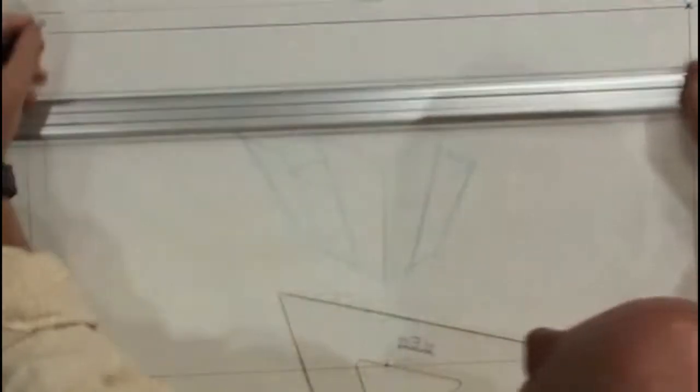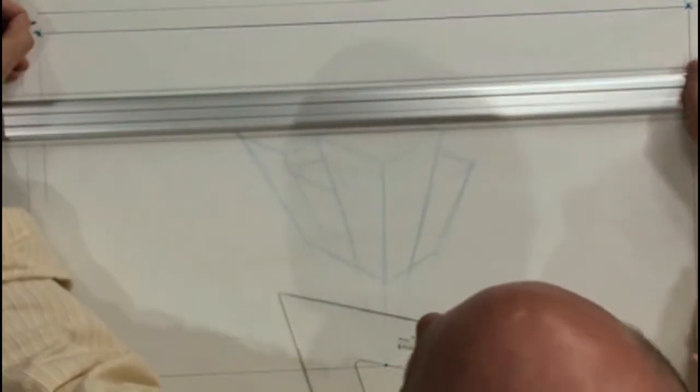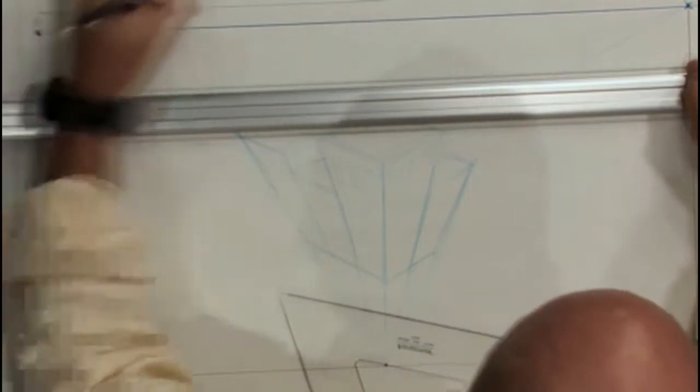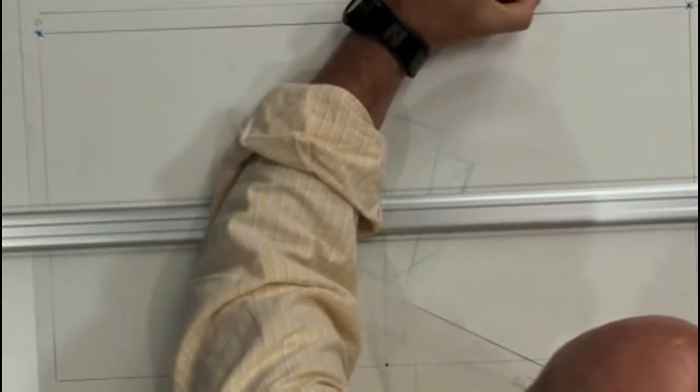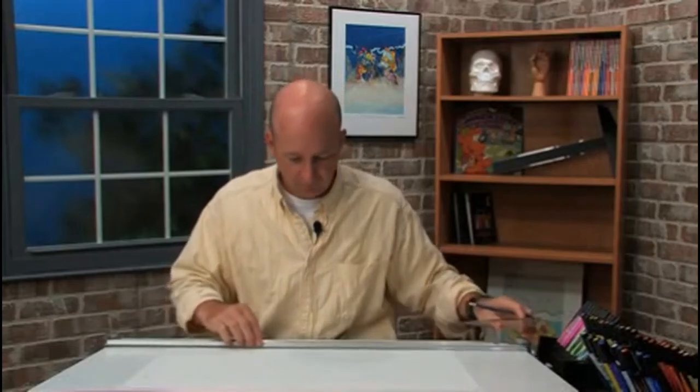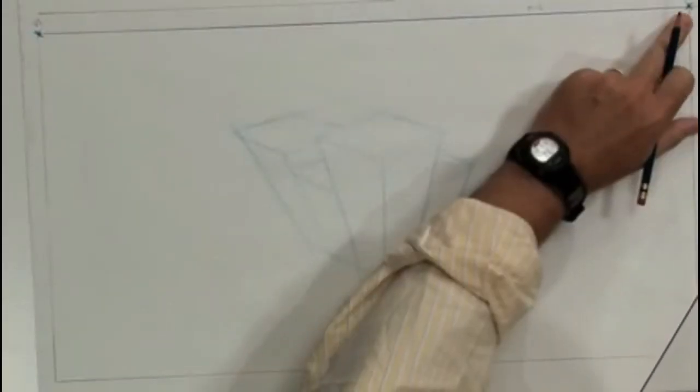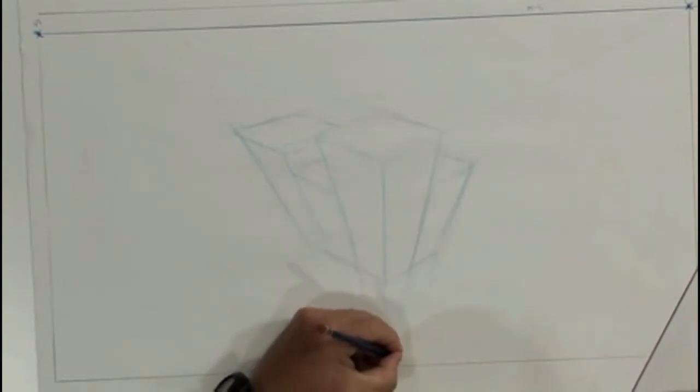We make sure our vanishing points are on our horizon line. So there they are right there. That's vanishing point 1, vanishing point 2, and we'll just call this our horizon line. So as you can see, we've got one vanishing point, two vanishing points, and three vanishing points.